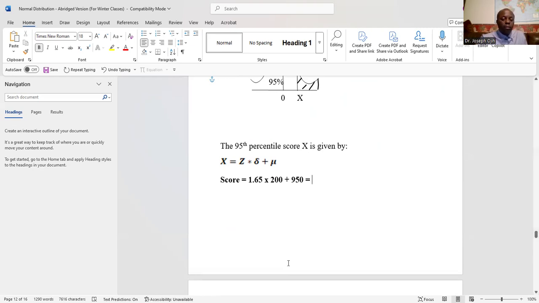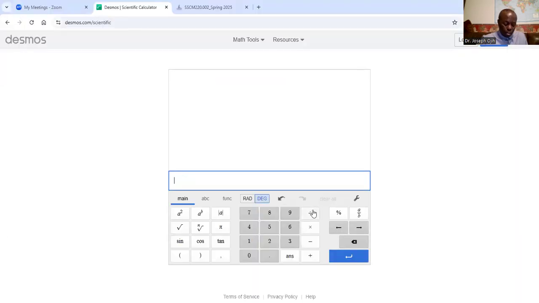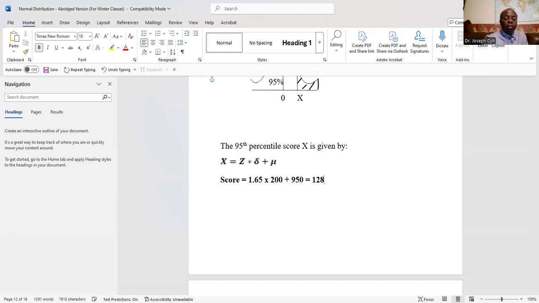Let us go to the calculator. 1.65 times 200 plus 950 is 1,280. That's the 95th percentile score.